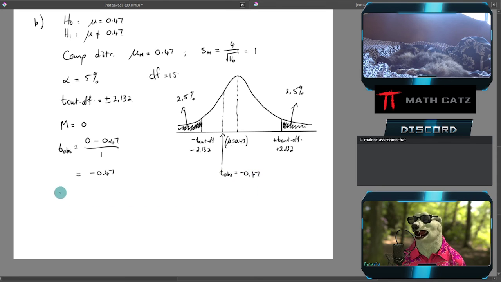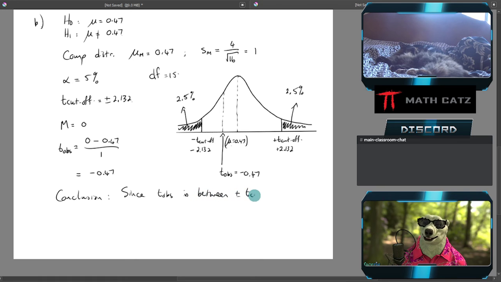So we can say here, conclusion. Let's say here, since t observed is between plus minus t cutoff, we do not reject the null hypothesis as much as I hope to. I hope that this one would be different, but you know, the evidence is what it is.